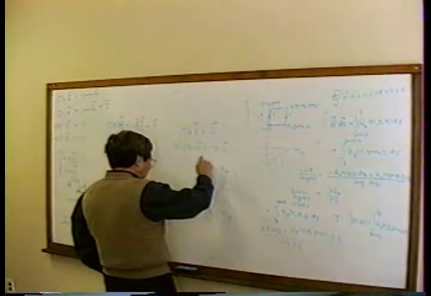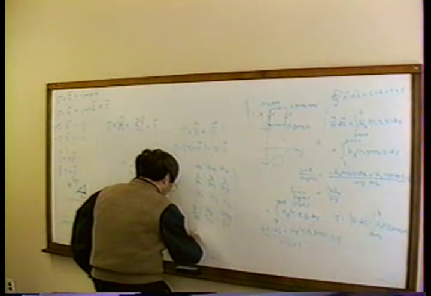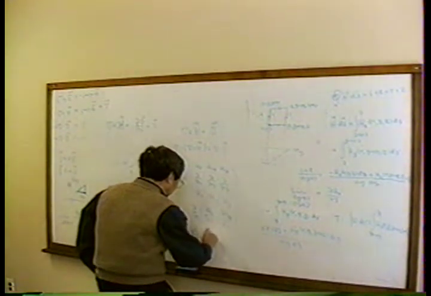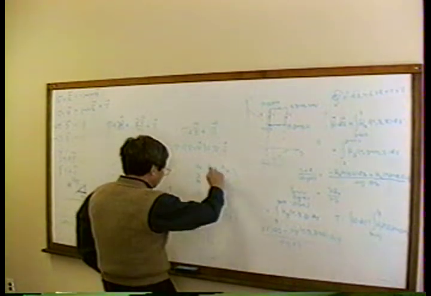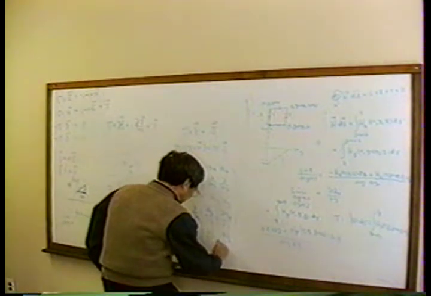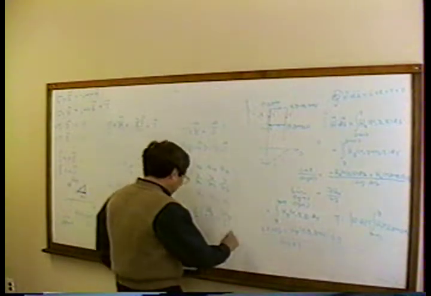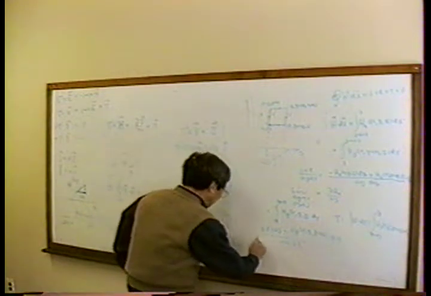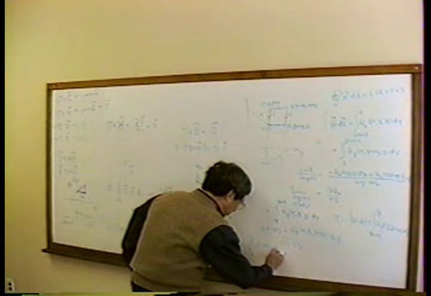But if you do the other component, the y component, it is d by dy on dHx dz minus dHz dx. Then finally, d by dz on dHy dx minus dHx dy.